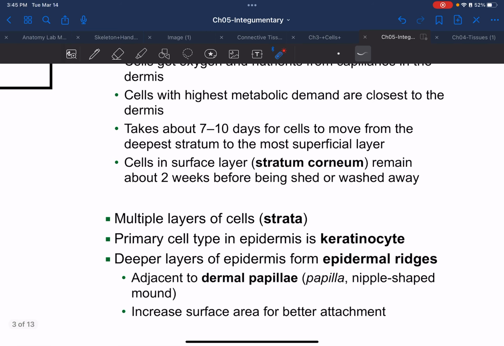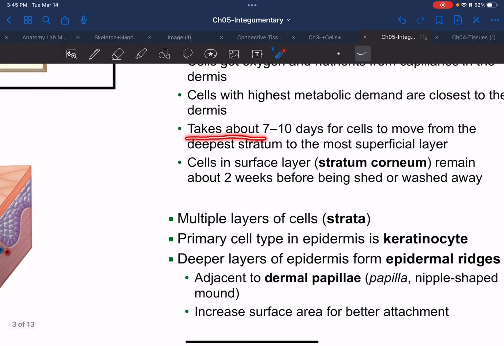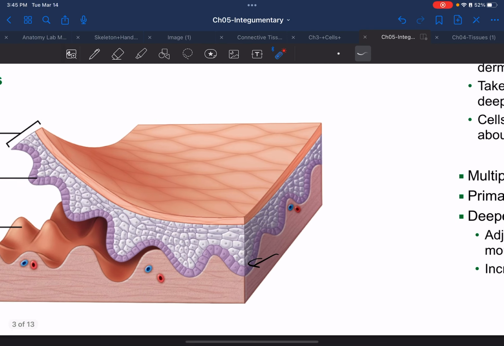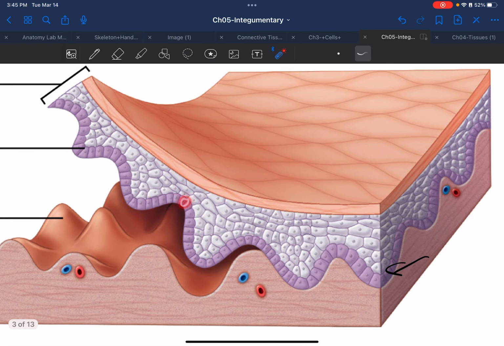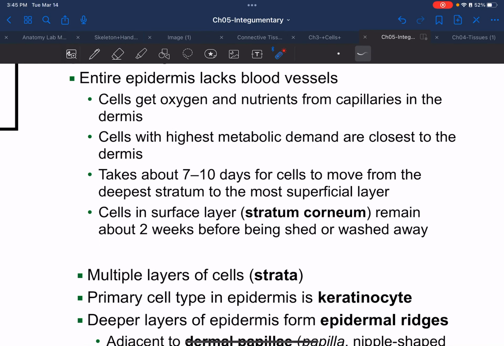And they are the most metabolically demanding. This has to make sense now if we think about this context, that it takes 7 to 10 days for these cells to go from the very base of the epidermis all the way to serve as a little dead skin cell. It takes 7 to 10 days for them to go from that bottom end to that top layer. And so that's what this statement means here.